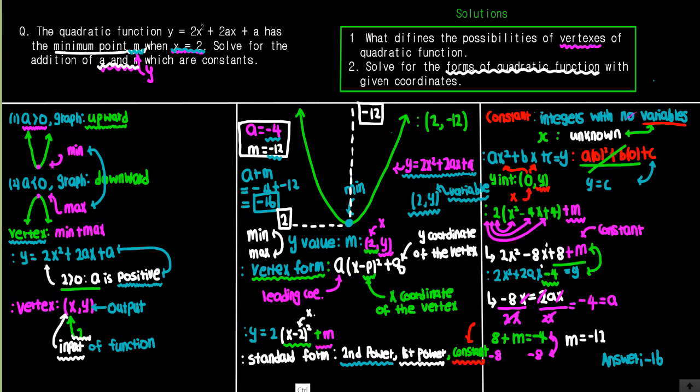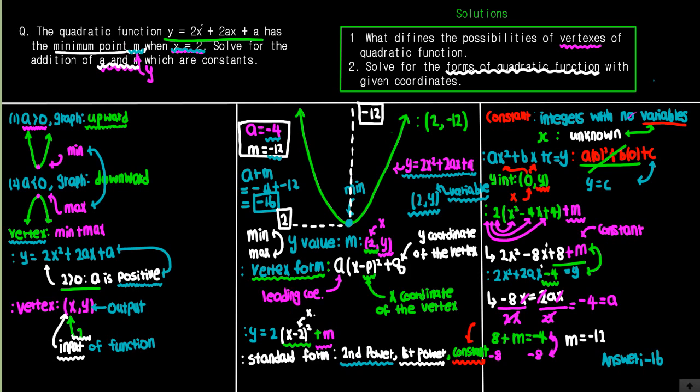And then we converted it into standard form, which was the same as expanding it in order to compare with our original function, y is equal to 2x squared plus 2ax plus a, given that this function and our function expanded to standard form were exactly the same.